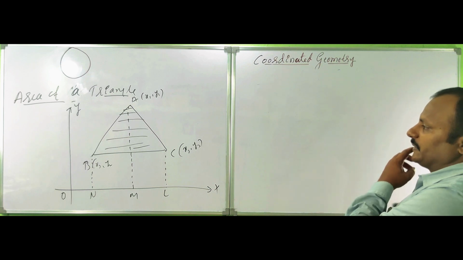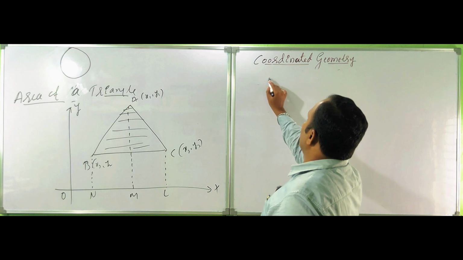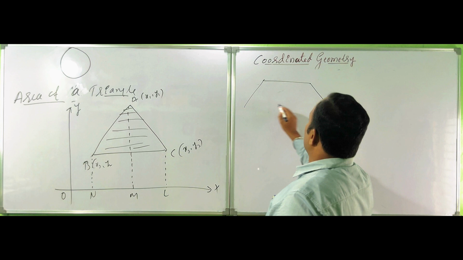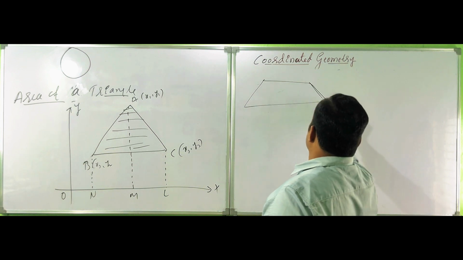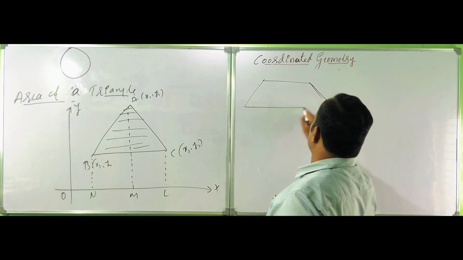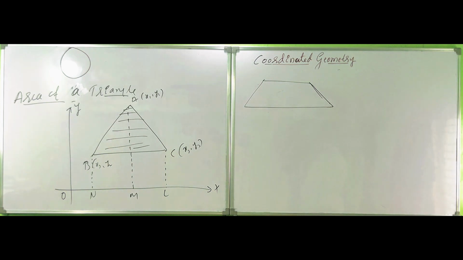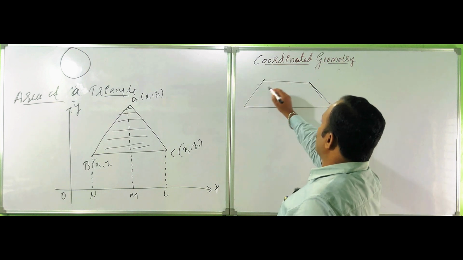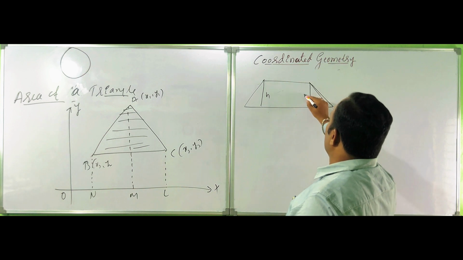Before finding the area of the triangle, let's see the area of the trapezium. In a trapezium, only two sides are parallel. Then the area: this is the height, this is the height.